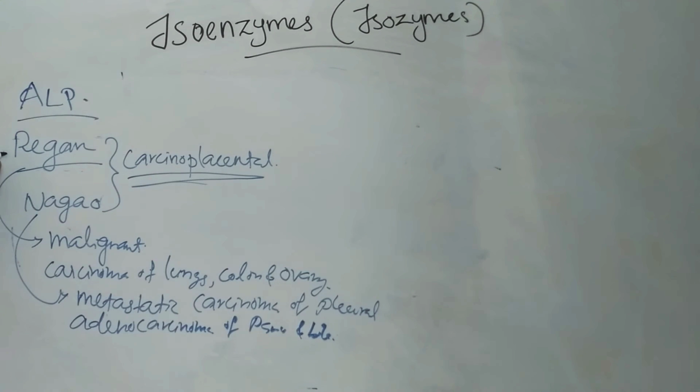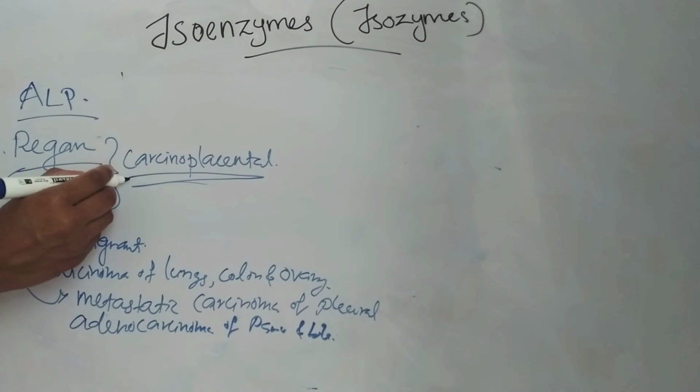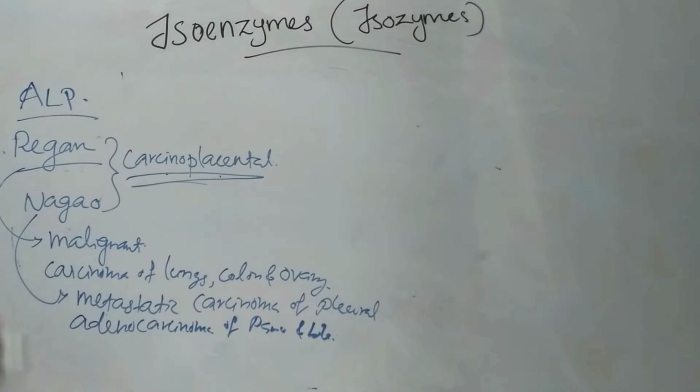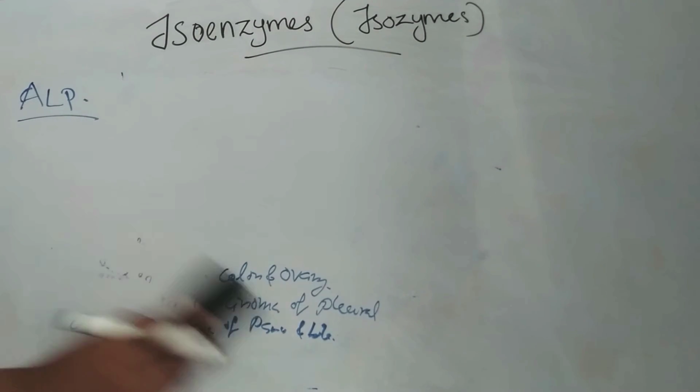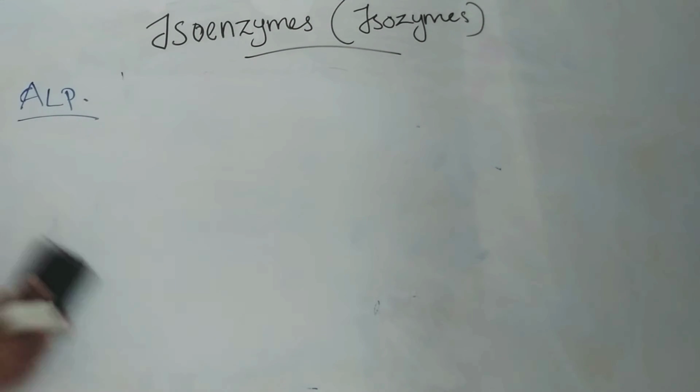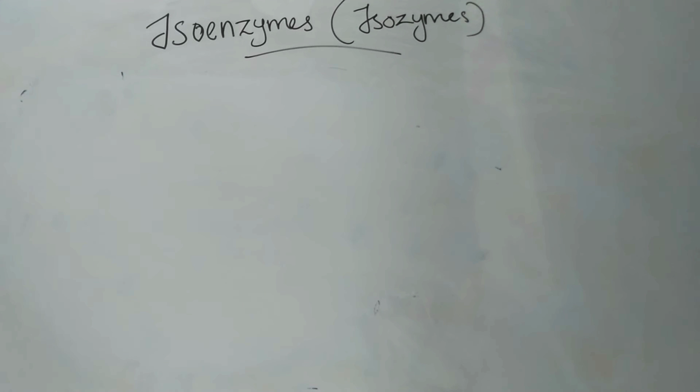So, these are the atypical isoenzymes, Regan and Nagao. They are known as carcinoplacental ALP isoenzymes, because they resemble the placental isoenzyme of ALP. So, that is about ALP.